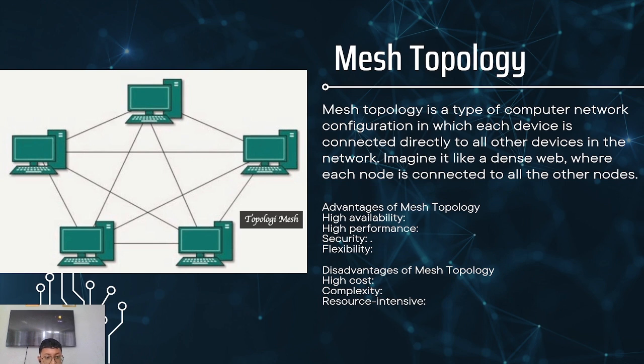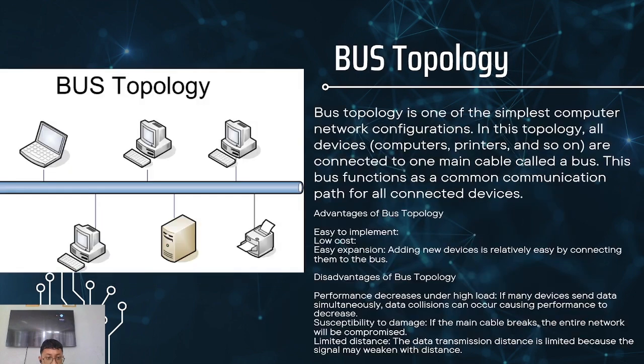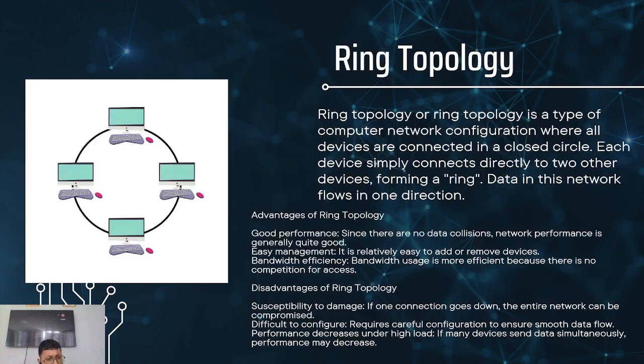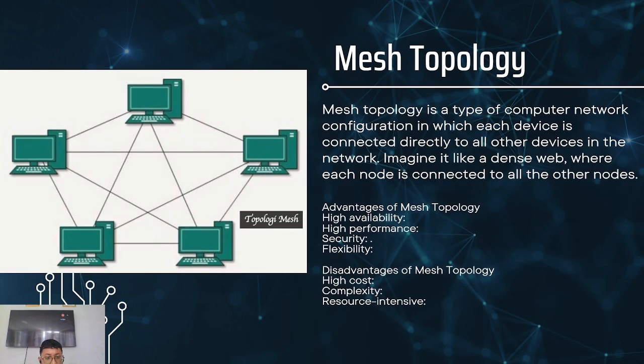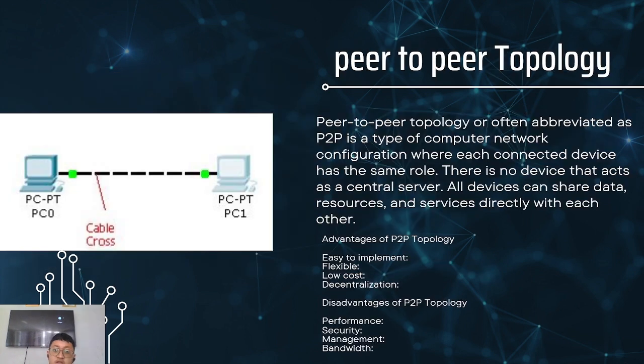It is similar to ring topology: if one of the cables is cut, one device cannot connect to the other device. And then peer-to-peer topology. This one only needs a crossover cable, so it only needs two PCs, two devices.